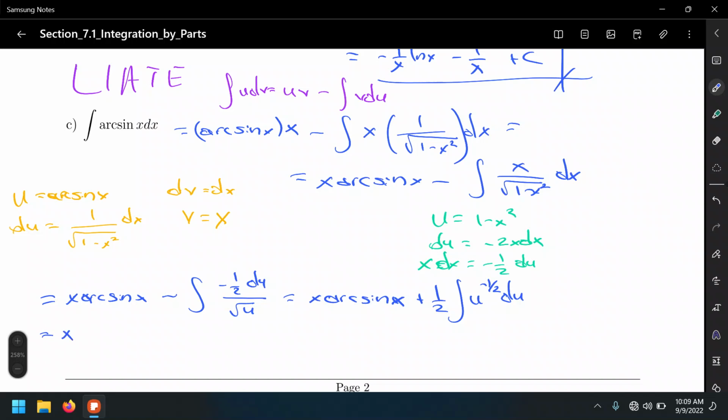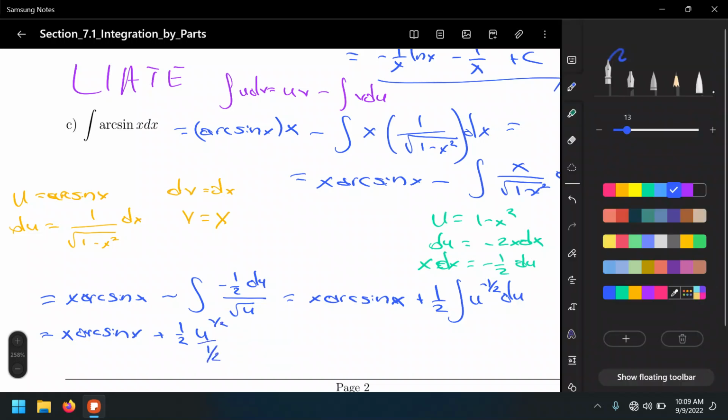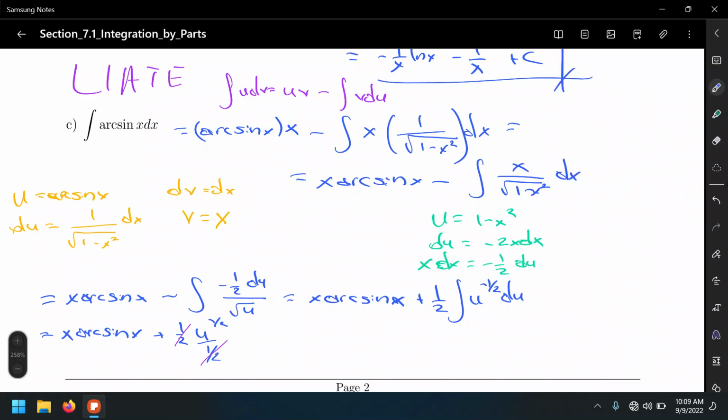The rest of the problem is just the general power rule. And plus 1/2 of u to the, add 1 to negative 1/2, that's going to give us 1/2, divided by 1/2. Notice how these two halves cancel out. And this u to the 1/2 is the same as saying square root.